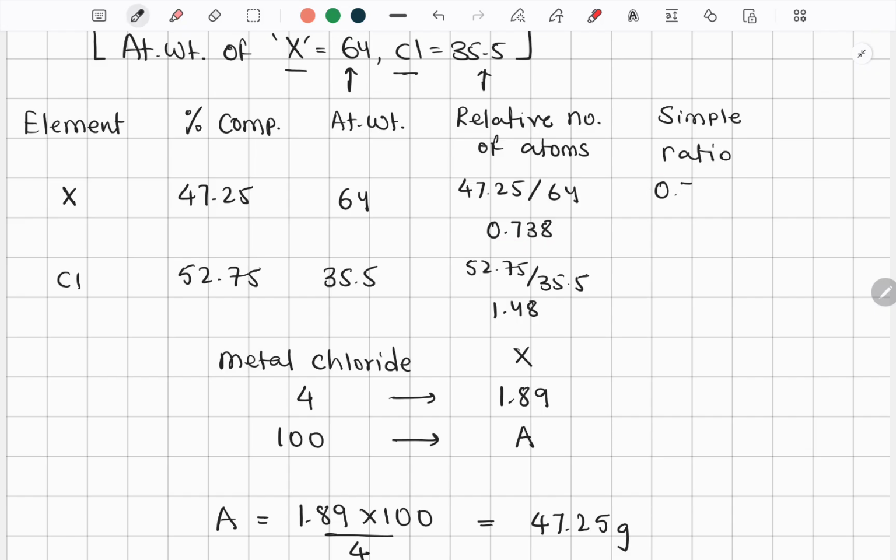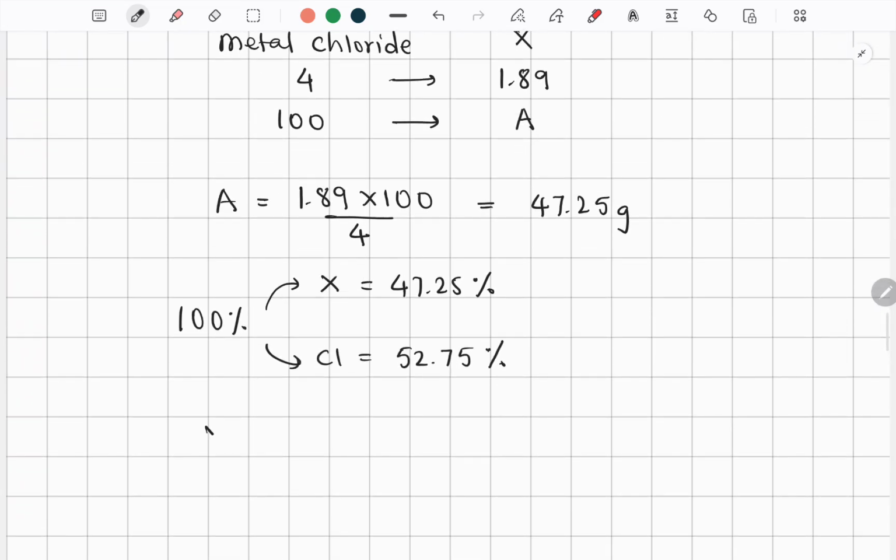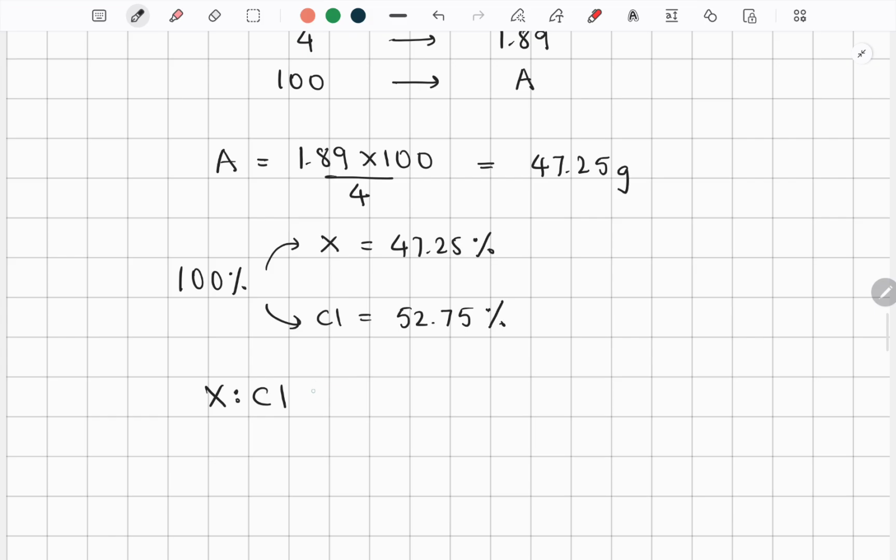That gives 1 and 2, so the ratio of metal to chlorine is 1:2.